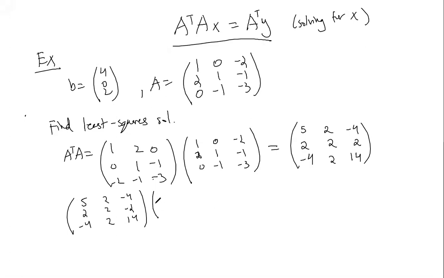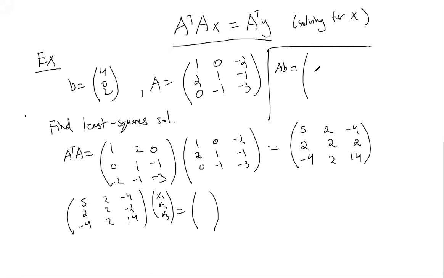In this case, we're doing a more general least squares. So we're solving, let's say, x1, x2, x3 equals, and then we can compute what A transpose b is. This one's 0. Then 8 minus 2 is 6. Then minus 6.